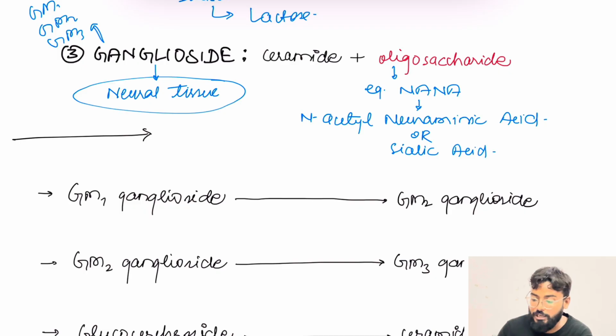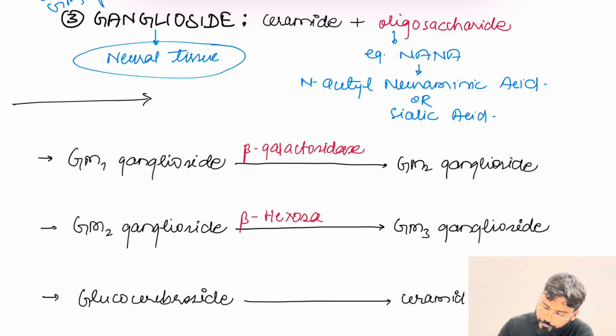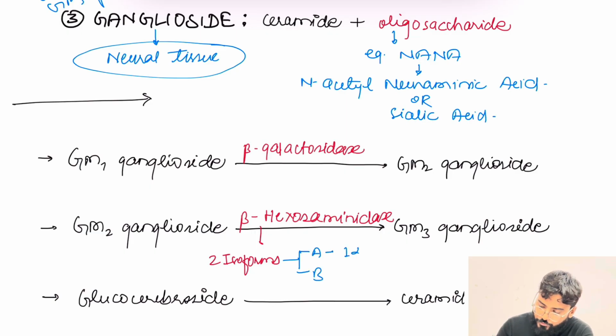Now GM1 ganglioside is going to convert into GM2 ganglioside by the enzyme beta galactosidase, and your GM2 is going to convert into GM3 ganglioside with the help of beta hexosaminidase, which has two isoforms, A and B. A has one alpha and one beta subunit, and B has two beta subunits.